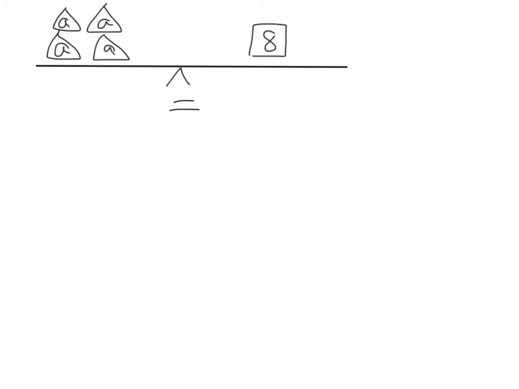That must mean that my a is going to equal 2. So on this one, I divided 8 by 4, and I divided this 4a by 4, and that left me with 1a in each group.